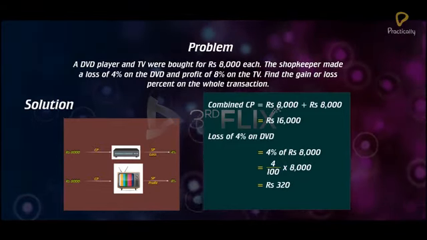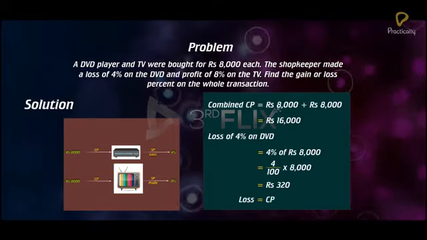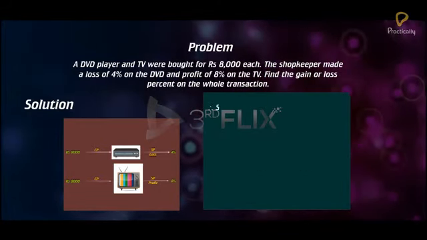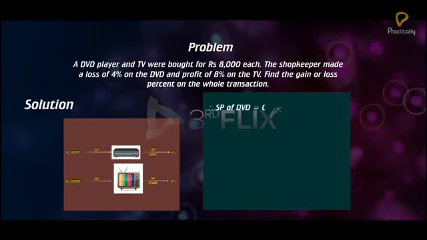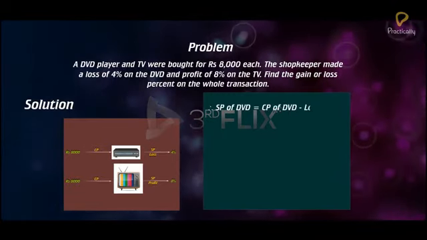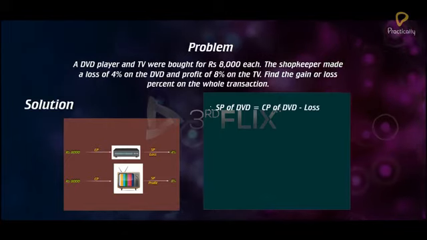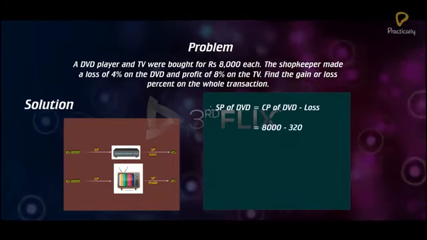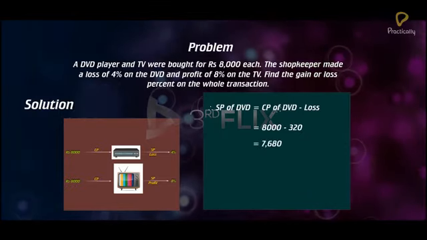We know that loss is equal to cost price minus selling price. Therefore, selling price of DVD is equal to cost price of DVD minus loss, which is equal to 8,000 minus 320, which is equal to 7,680.